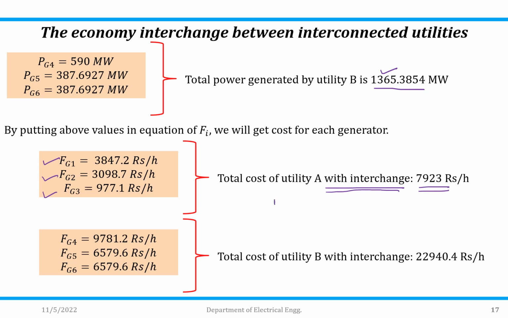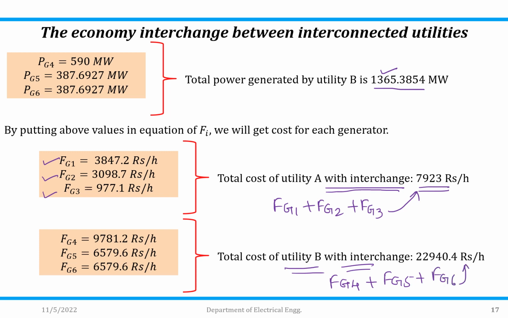So it will be the addition of these three: Fg1 plus Fg2 plus Fg3, then you will get this cost, that is 7923. And the total cost for utility B with interchange, if you add Fg4 plus Fg5 plus Fg6, you will get 22940.4 rupees per hour.